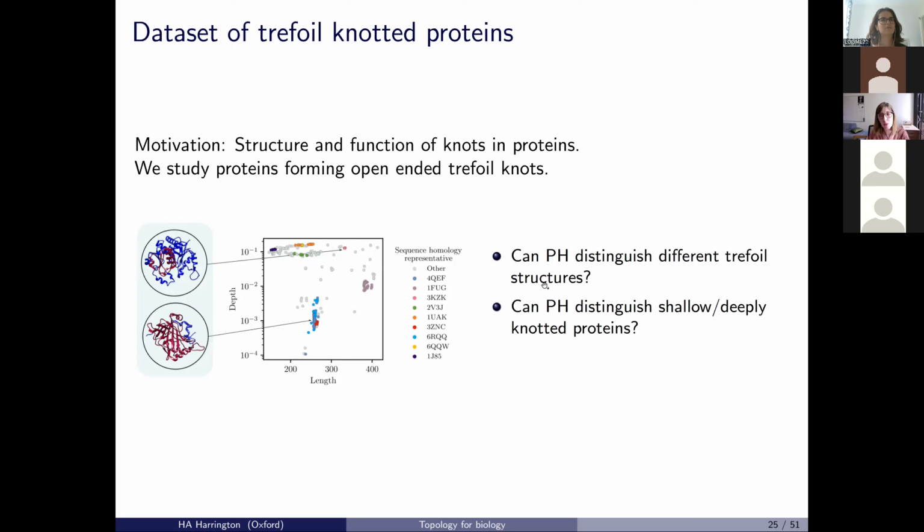Can we distinguish almost exact structure? So if you look at this backbone, the carbons, right? And we can look at this, the protein, this is from the PDB database. They look at the sequences, they're called sequence homology. The sequences are almost exactly the same, but some are knotted and some are not.